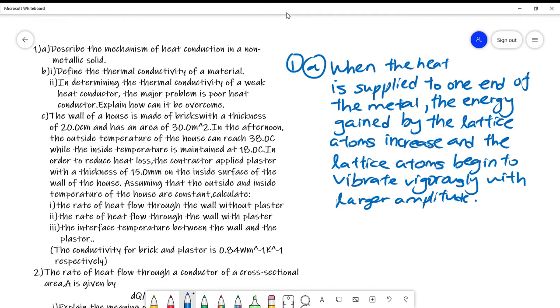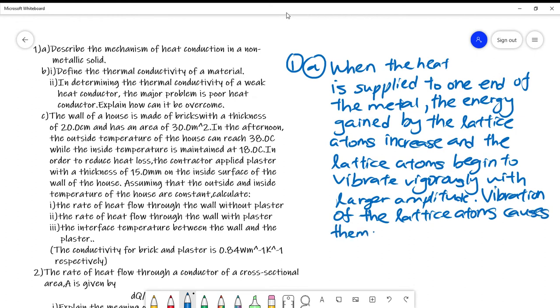After that, the vibration of the lattice atoms causes them to collide with the neighboring atoms.